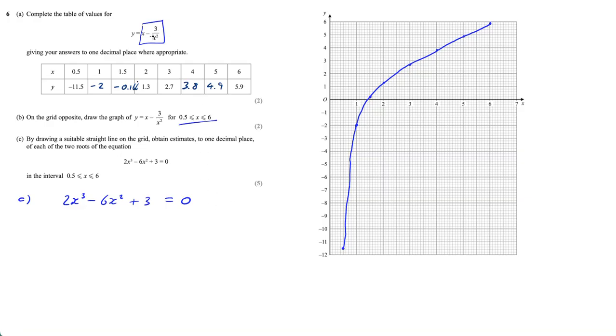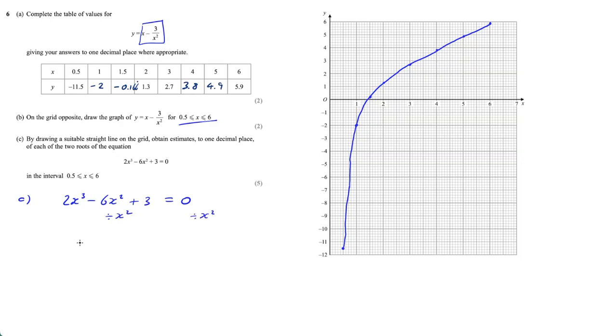I think the natural thing for me to do here, guys, is divide by x squared, that'll give me the 3 over x squared. I'll have 6 here and I'll be able to deal with something here. So let's divide everything by x squared.